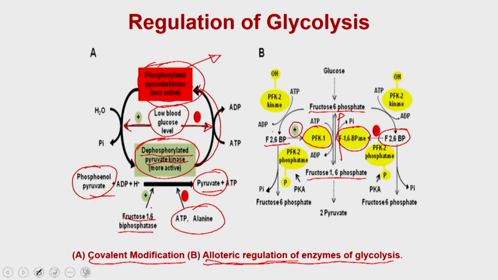means if fructose 2,6 bisphosphate is present, it will activate the reaction, or enhance the catalytic conversion rate of phosphofructokinase, and as a result you are going to have a higher level of fructose 1,6 bisphosphate, which will eventually get converted into pyruvate.